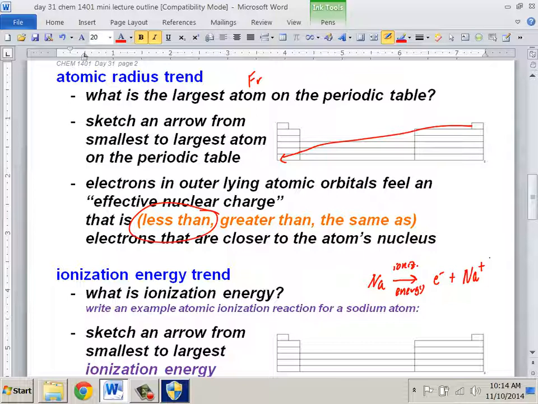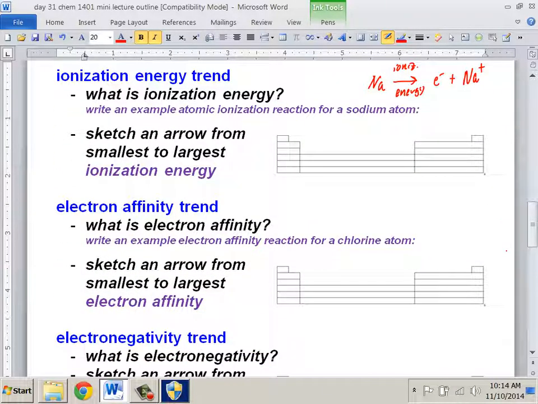Now we're sketching another arrow on ionization energy trends. Sketch an arrow from the smallest to the largest ionization energy: the element that's the easiest to ionize to the element that's the most difficult. Lorena, do you think that might have something to do with size?